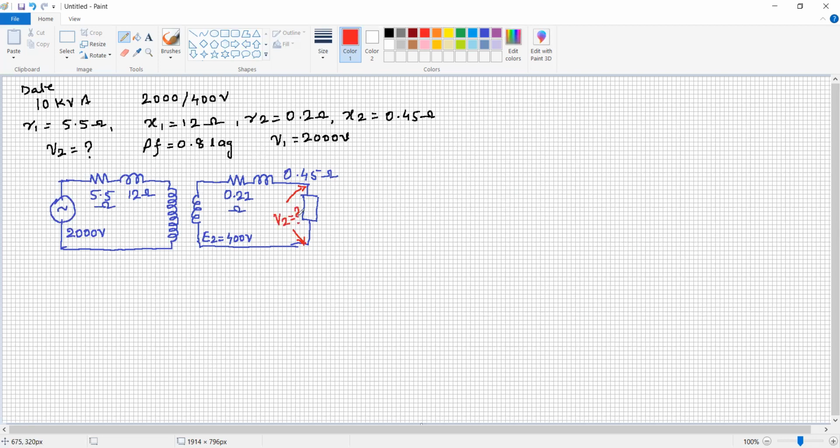If you look at the data, it is quite clear that the winding which has a large number of turns, the higher voltage side, has more resistance and more reactance.